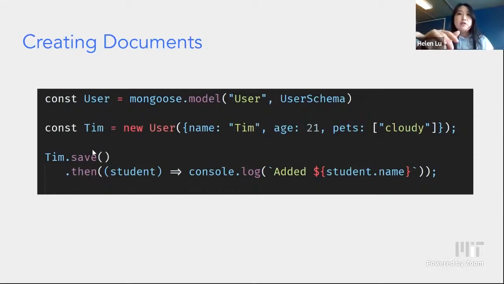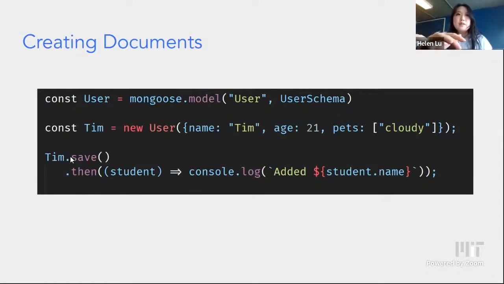What we have to do is use the .save method on the object that we want to save. This will then create the object and add it into our user collection in our MongoDB database. .save returns a promise, so it returns the student, or the object that was added to the collection.